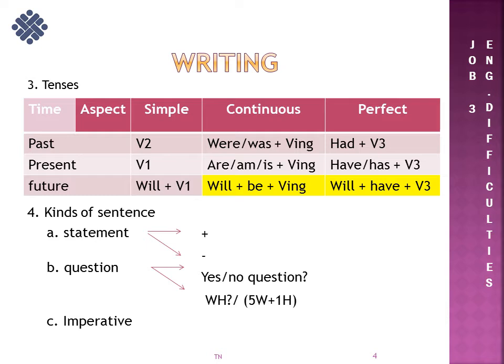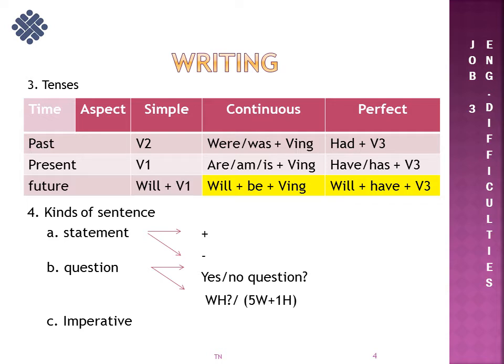They are simple, continuous, and perfect. The formula here is example so that you memorize or remember about the tenses that you have studied from junior high school until now.